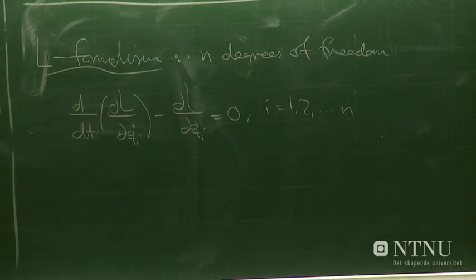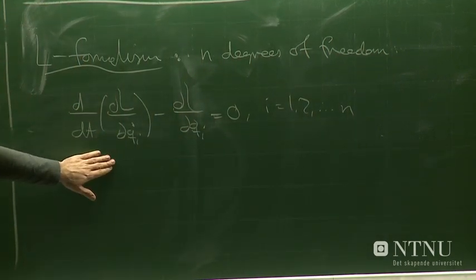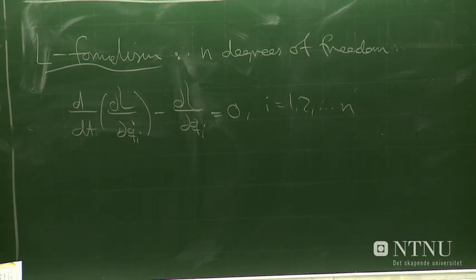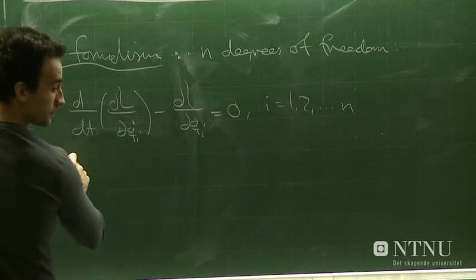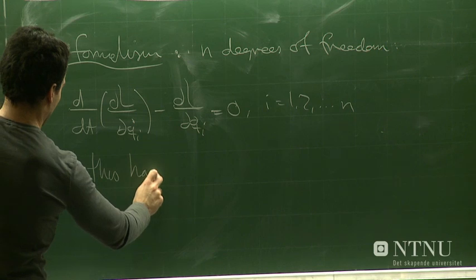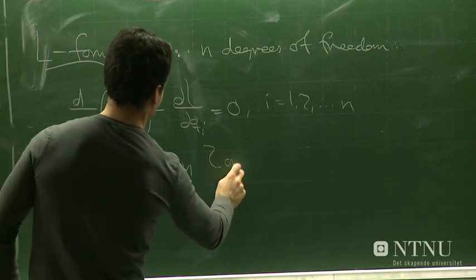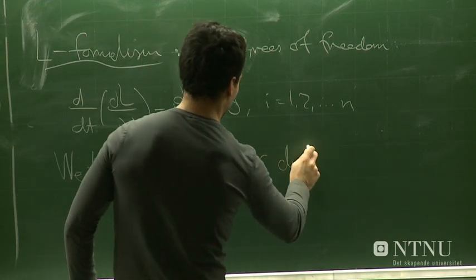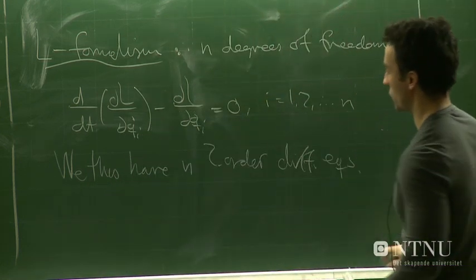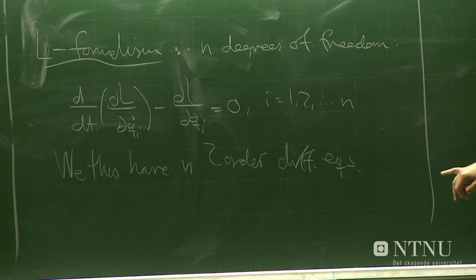We have n generalized coordinates. These are the n Lagrange equations. So we have n second-order differential equations.